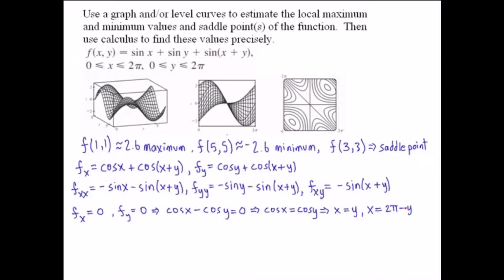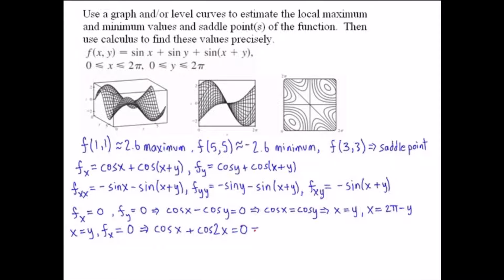In the case where x is equal to y, and the partial derivative of f with respect to x equals 0, we get the cosine of x plus the cosine of 2x is equal to 0.